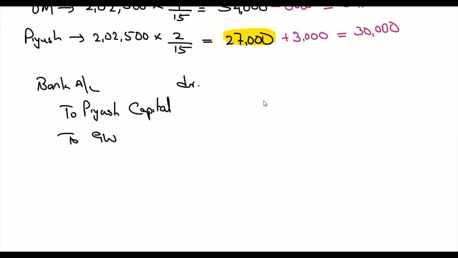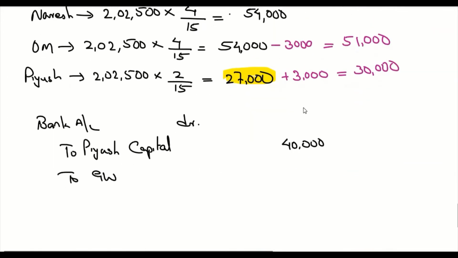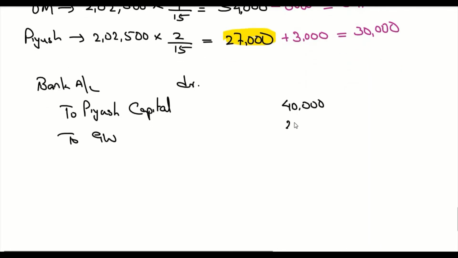So Piyush is bringing a capital of 40,000 and we calculated his share of goodwill is 20,000. So 40,000 and 20,000 in the bank account, we are getting 60,000 rupees.